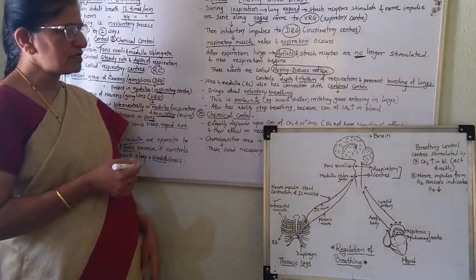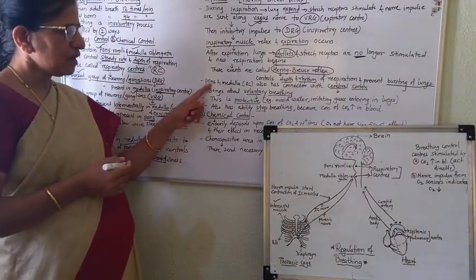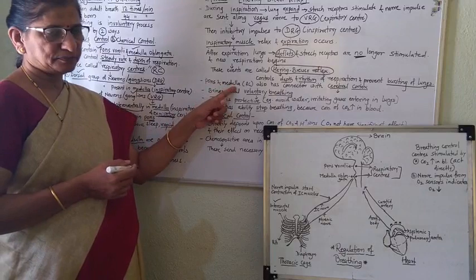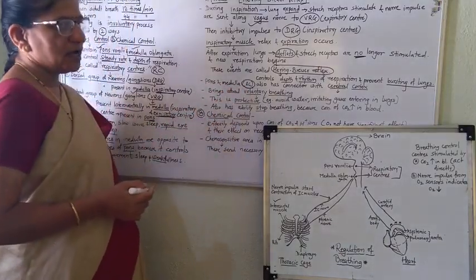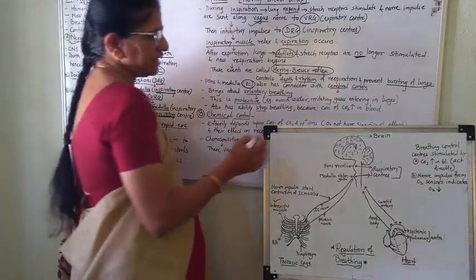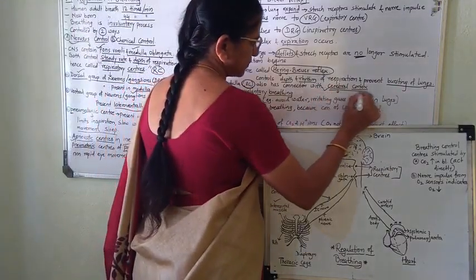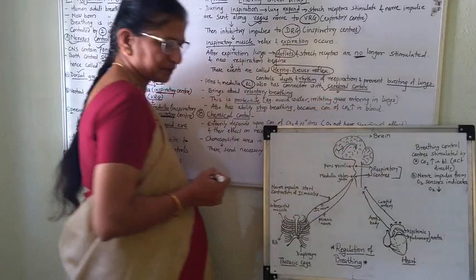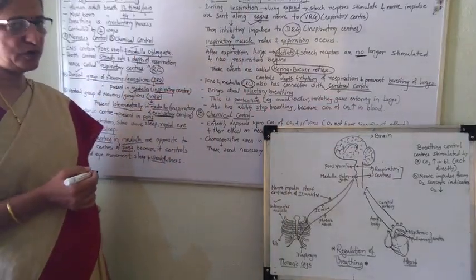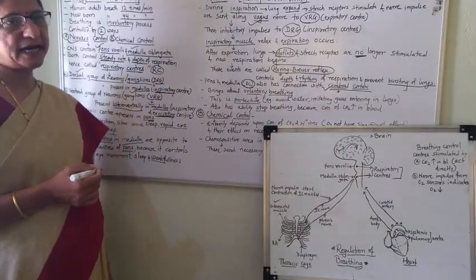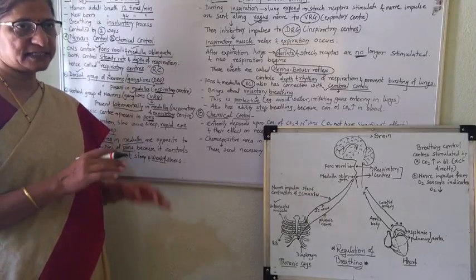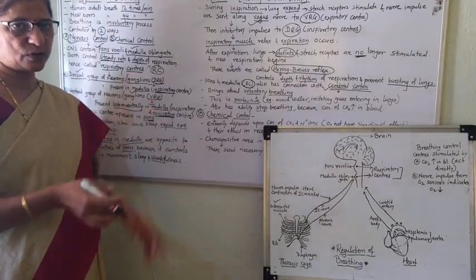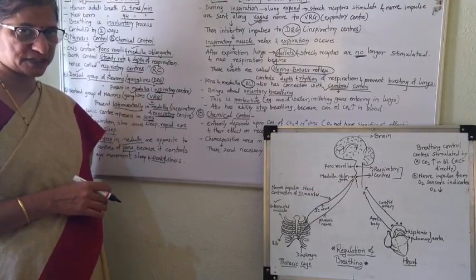Now, some more points are also there. The pons and medulla, that means respiratory centers, also have connection with the cerebral cortex. That means here, the cerebrum, you know very well, the brain has 85% region occupied by cerebrum, and that cerebrum has outer surface known as cerebral cortex.